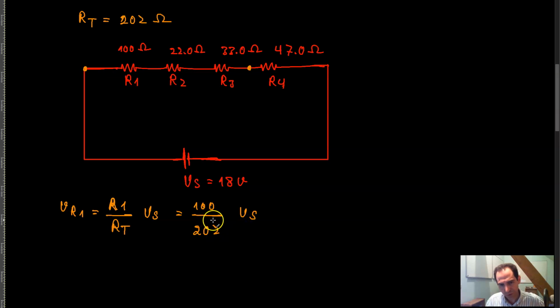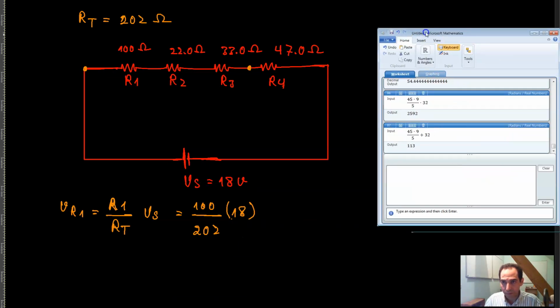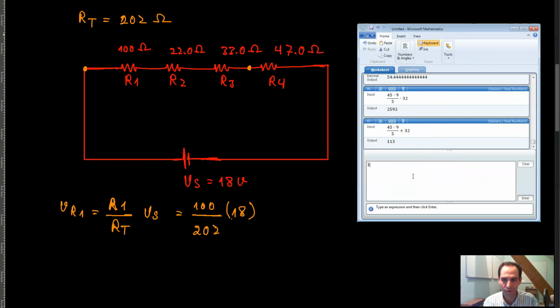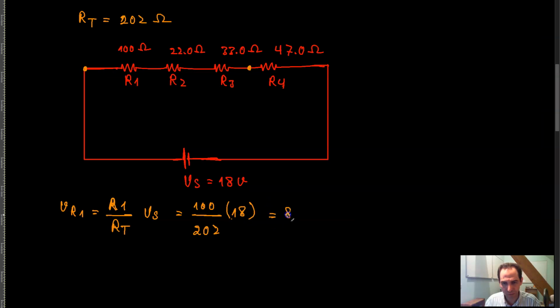So 100 divided by 202, and V of S is equal to 18 volts, and that would be equal to 100 divided by 202 times 18, which is, taking 2 significant figures, 8.9 volts.